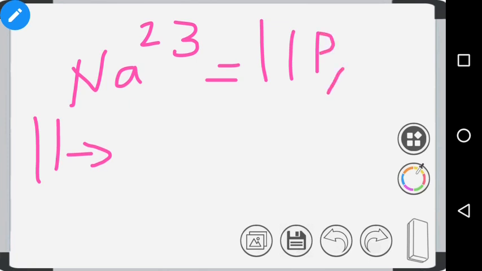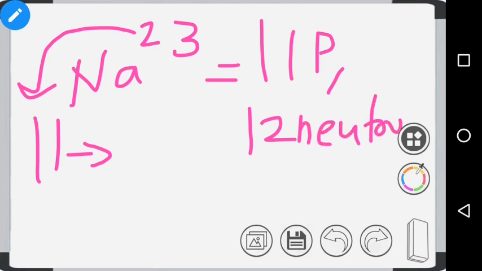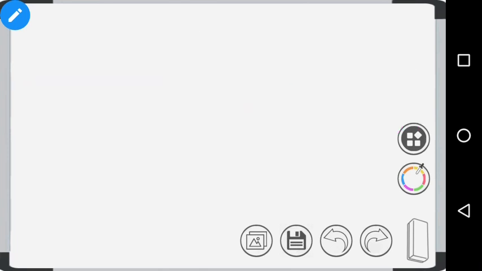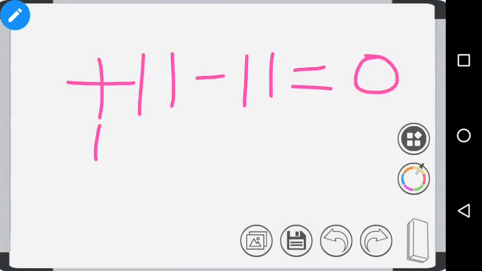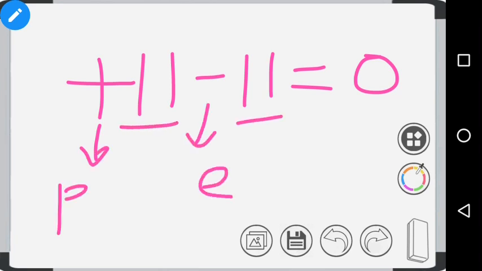How to find the neutrons? You have to subtract these two. So 12 neutrons are there. Since there is no charge, no plus 1, the number of protons is equal to the number of electrons. So 11 electrons are there. You can check: plus 11 minus 11 equals 0. Plus is proton, minus is electron.